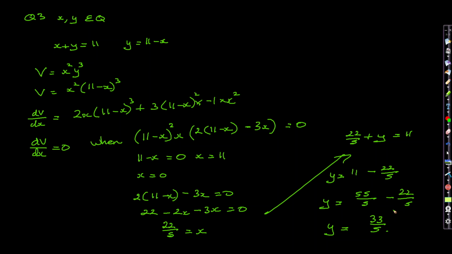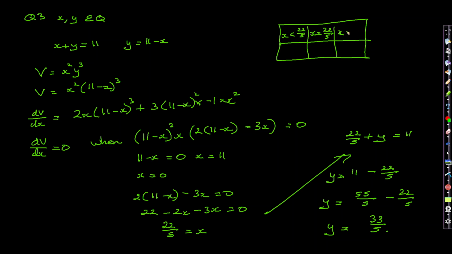The only thing I haven't done here is prove that this does give a maximum. So I used the first derivative test and drew up a little table. You substitute x equals 22 over 5 into your derivative, then take a value slightly less than that, and something slightly more than that.